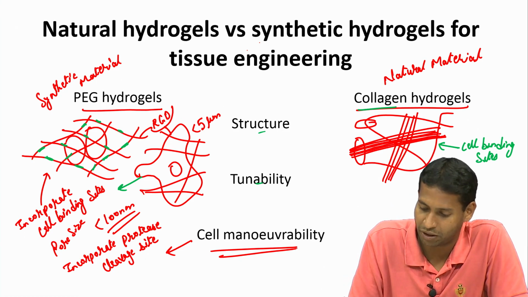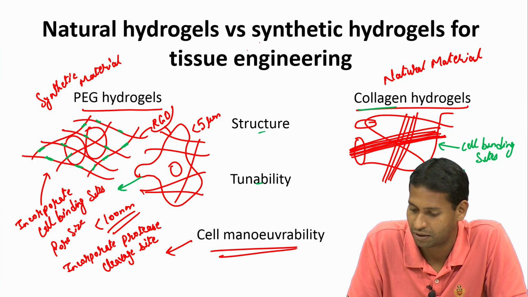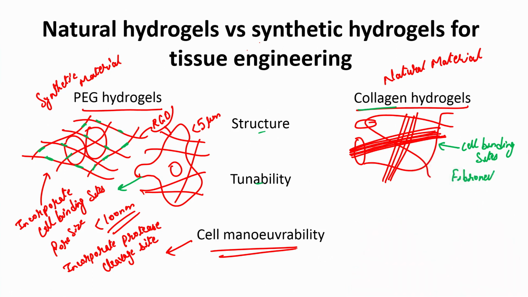So, this could be collagen as is written here, or this could be fibronectin, could be laminin, could be something else. All of these have cell binding sites. So, these will bind to the cell, so that is not required.